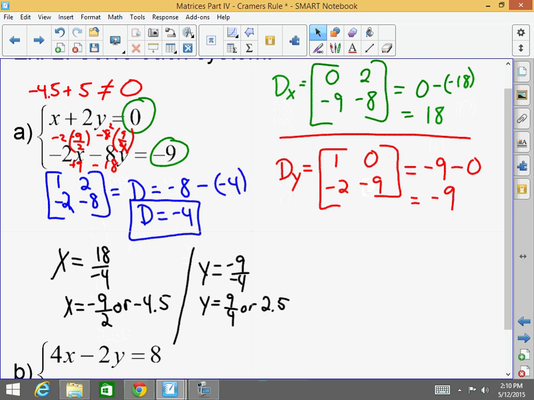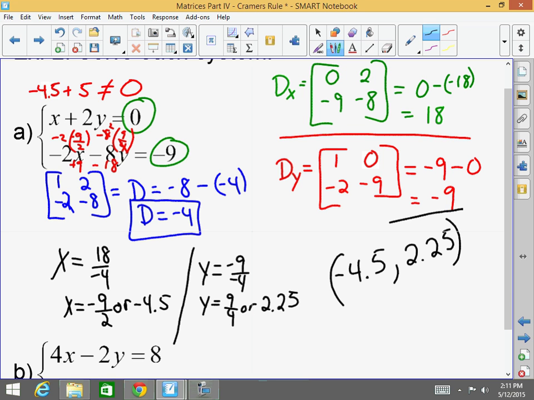Okay, guys, I almost went crazy here. Mr. Morrow needs to learn how to do math. 9/4 is not 2.5, it's 2.25. So my solution is -4.5 or -9 halves, comma, 2.25. And when you do plug it in, it does work, okay?